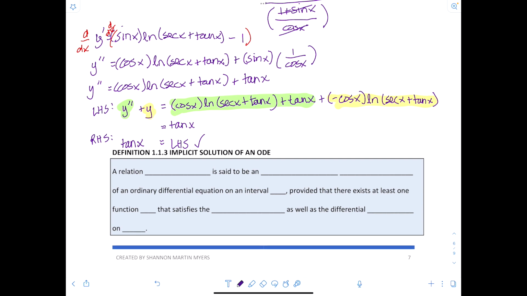Cool? All right. Next up, definition 1.1.3, implicit solution of an ordinary differential equation.